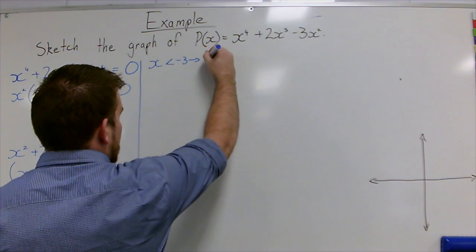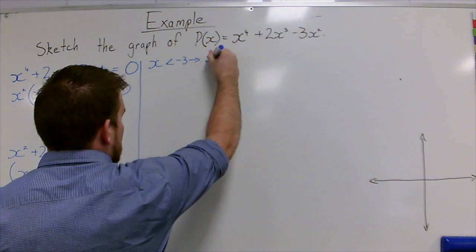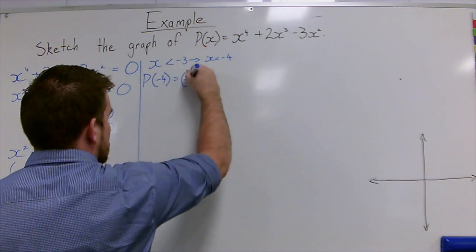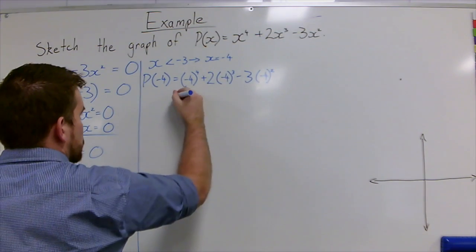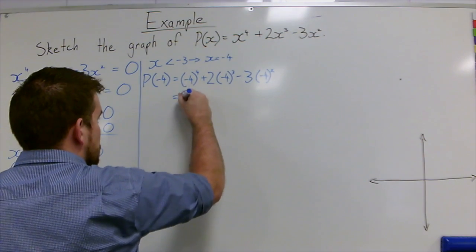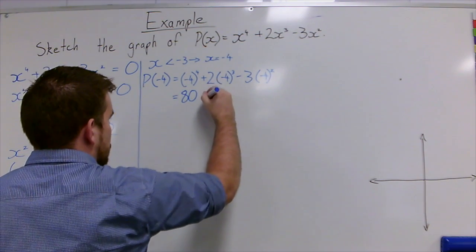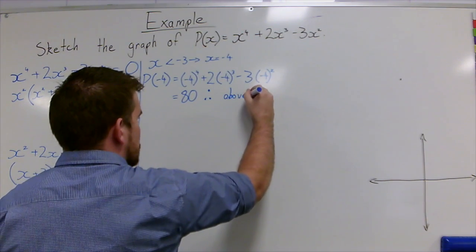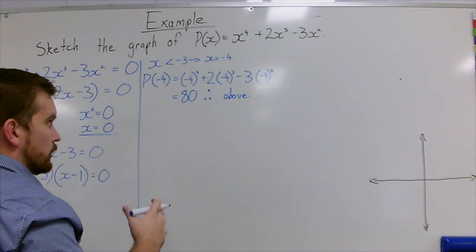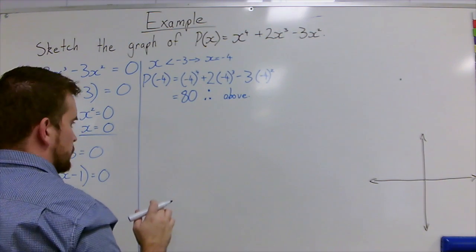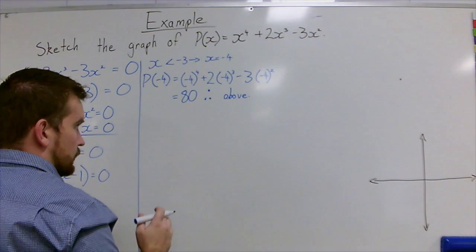I'm going to put in x equals minus 4. If you chuck that into your calculator, you're going to get the answer of 80. So therefore, this is above the x-axis. So that means when you're graphing it, to the left of x equals minus 3, it's going to be above the x-axis.